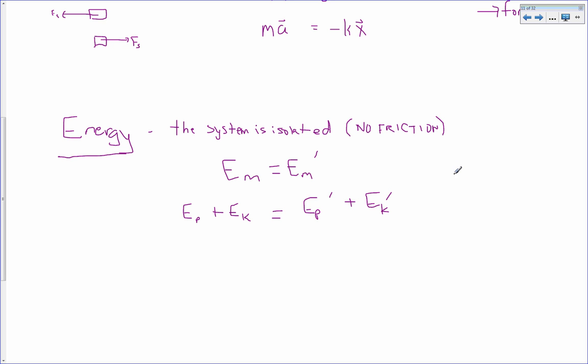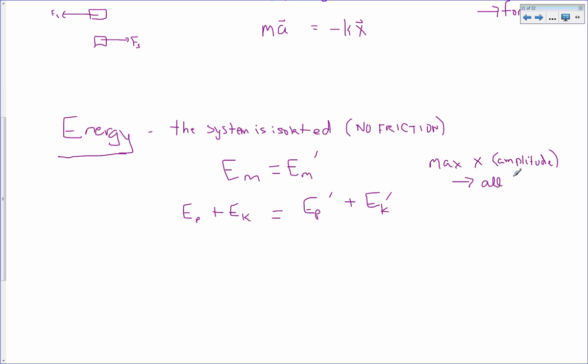Remember, if it says max displacement, so max x, which is amplitude, then that means all EP.